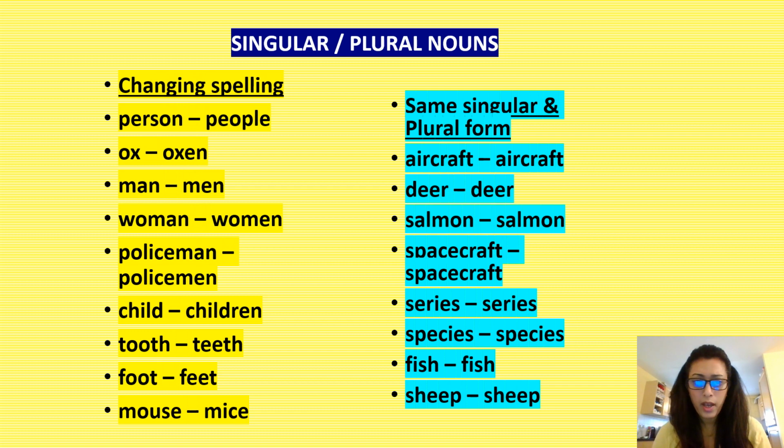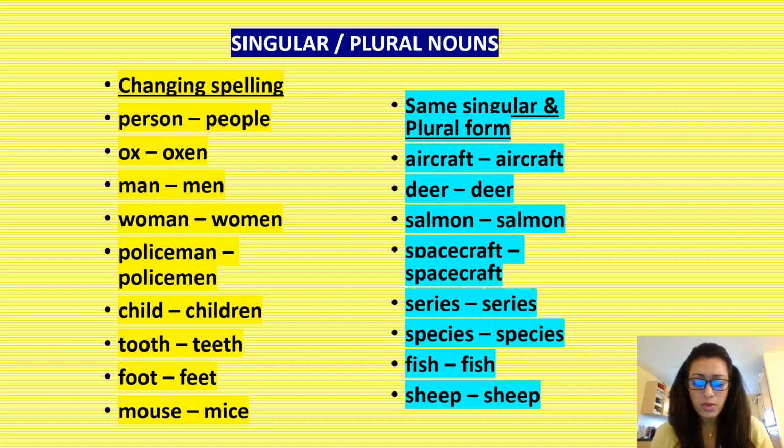So taking a look at how the spellings change. Now, changing the spellings of the singular nouns here. So person becomes people, ox, oxen, man, men, woman, women, policeman, policemen, child, children, tooth, teeth, foot, feet, mouse, mice.